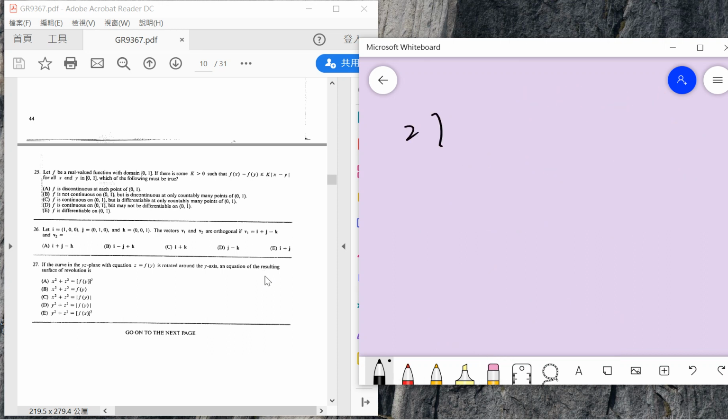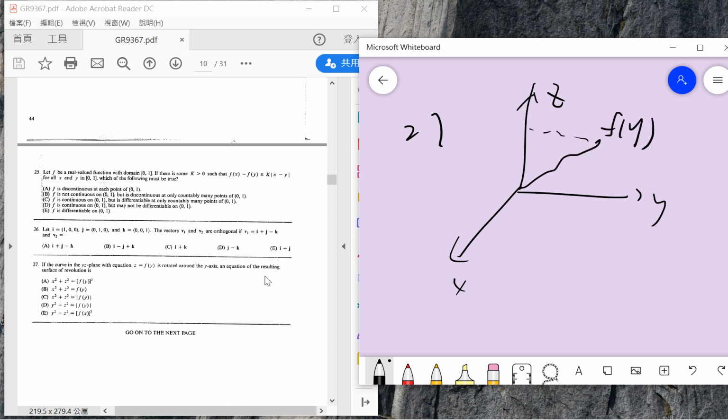Okay, so 27: if the curve in the YZ plane, basically somehow you plot some diagram, a curve in the YZ plane with the equation f of y, and rotate around the y-axis.